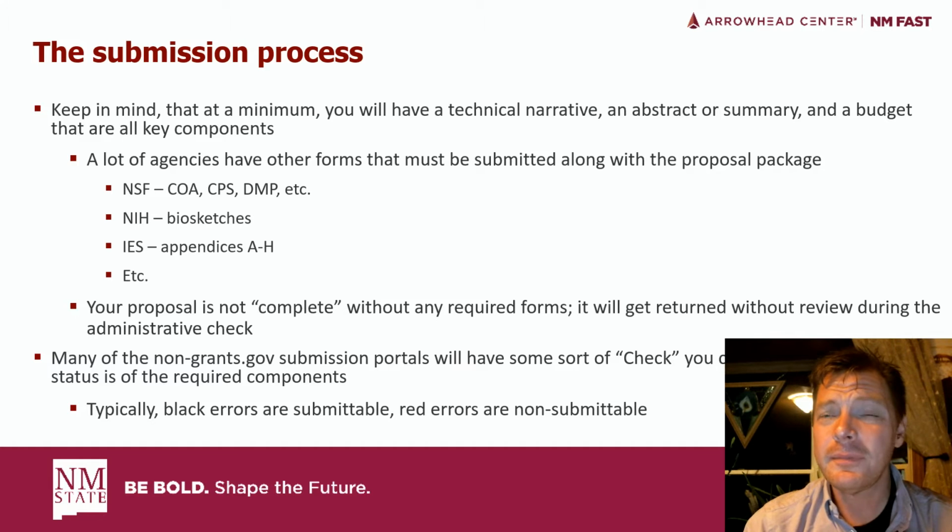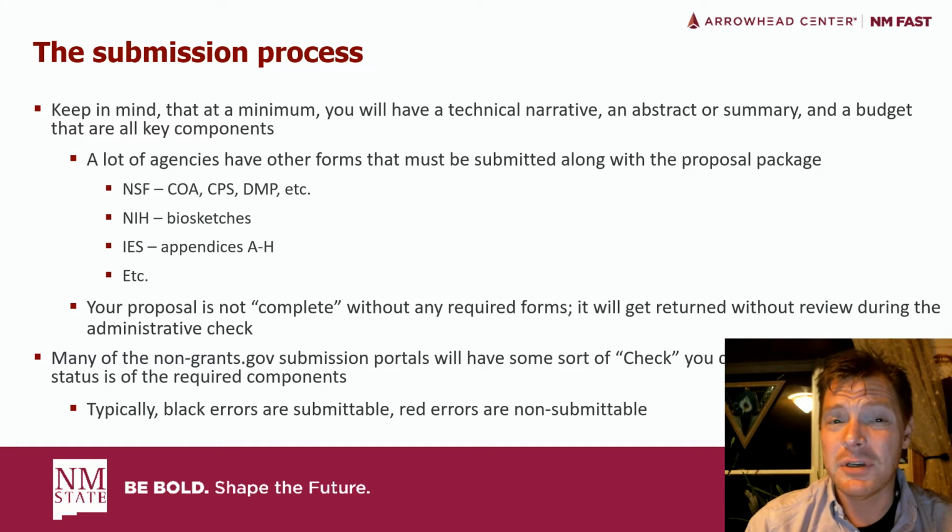However, with a lot of the agencies, there's going to be other forms and things that you're going to submit with that proposal package. A great example here is National Science Foundation. National Science Foundation has things like collaborators and other affiliations and current and pending support that have to be filled out individually for each key team member, or each person that is listed as a senior or key personnel.